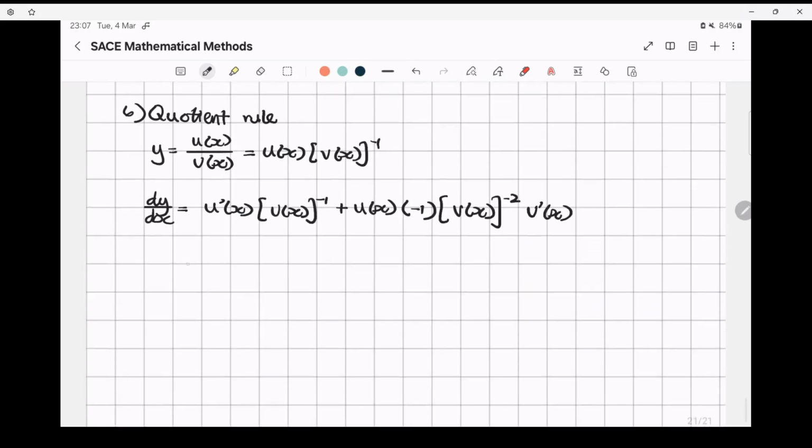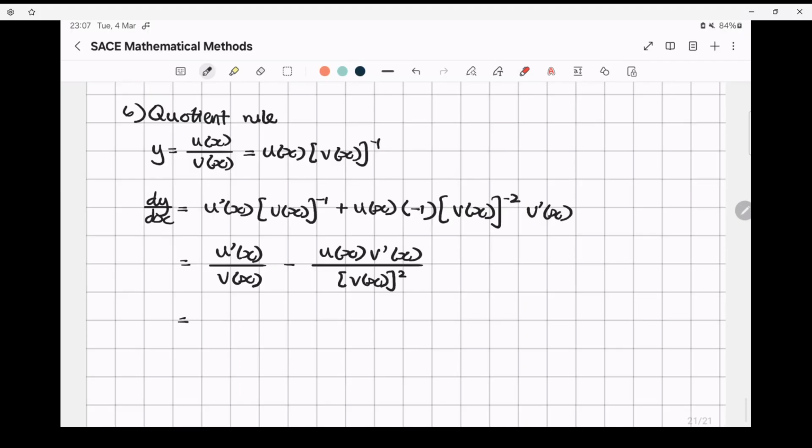Now try to put everything back to the fraction form. So you have u prime x divided by vx, minus ux v prime x divided by vx square.